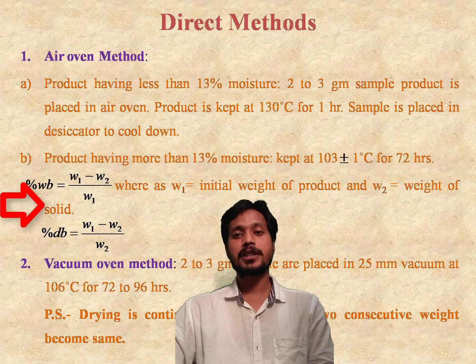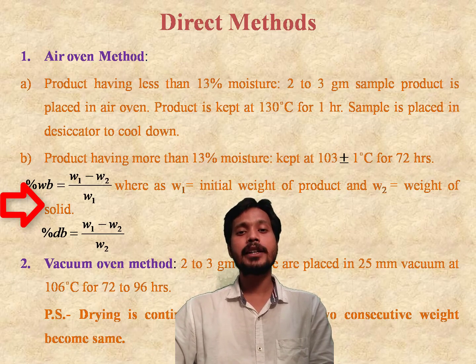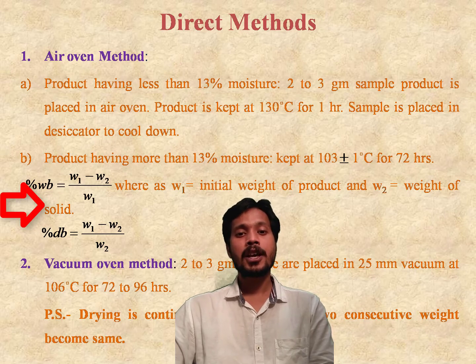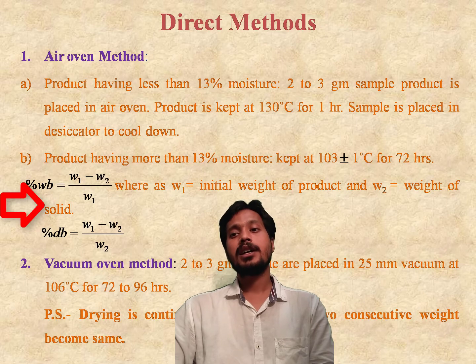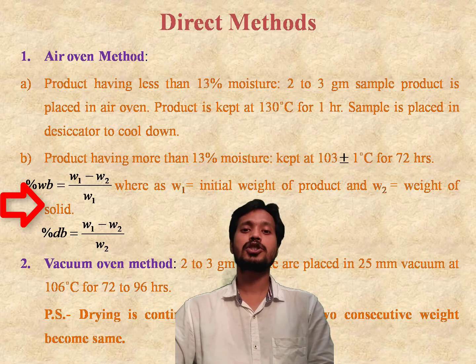Okay. Next, there are two ways of representation, %WB and %dB. So how can we write this %WB? You see here, W1 minus W2 by W1. What is this W1? Weight of initial product or initial mass, and W2 is the final mass of product. That means it's nothing but mass of solid.